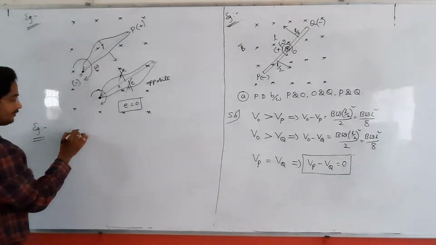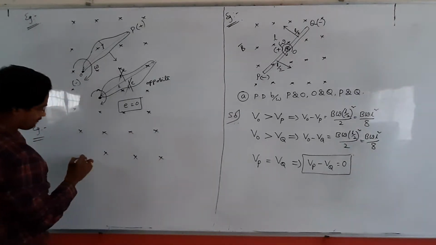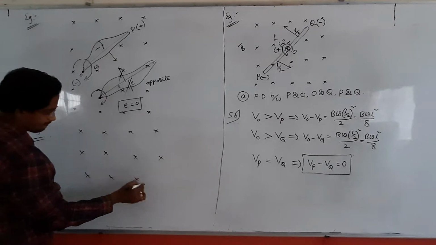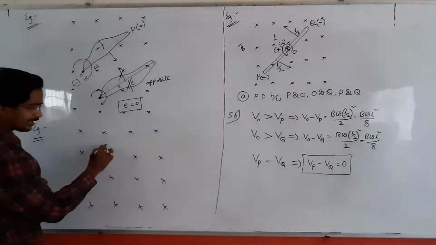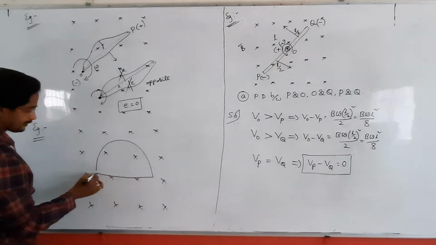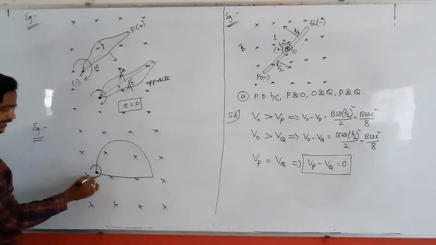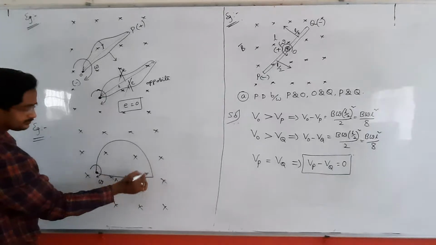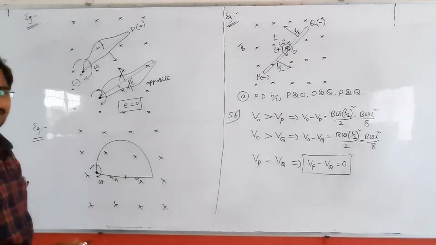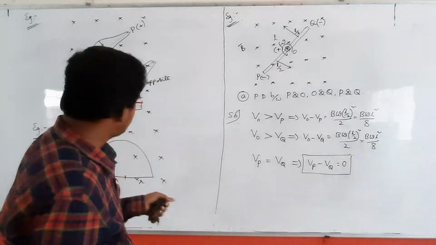For example, same as above, in a magnetic field, a semi-circular wire is placed here and it's rotating about this axis with angular velocity omega, and its radius is r. What about the net induced EMF across the coil?